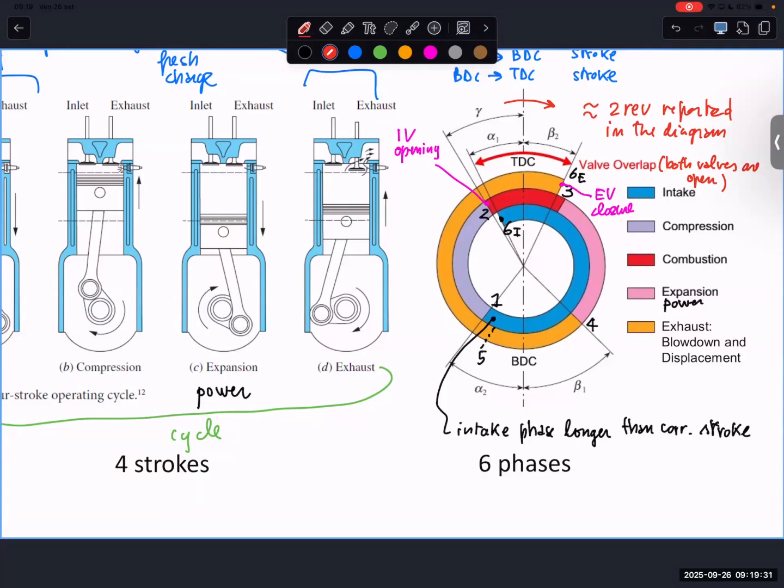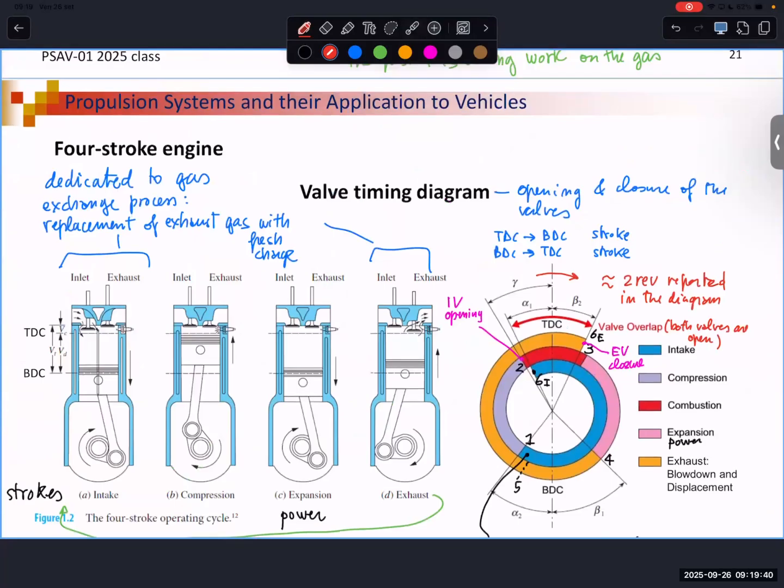So the intake and the exhaust phases overlap. For a small amount of time, they are overlapping here. Because at top dead center, during intake, we would like the valve to be already open when the piston is going down. So we have to open in advance, and this is the advance of opening of the intake valve.